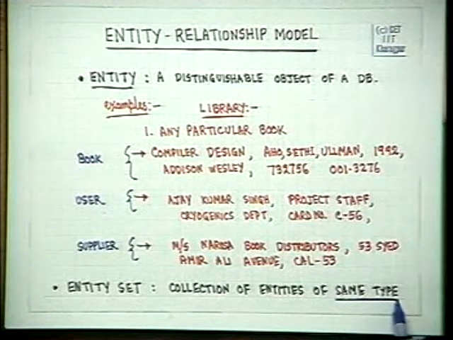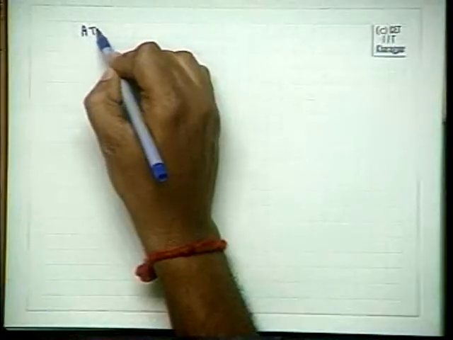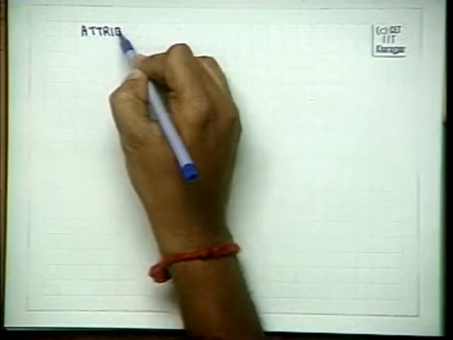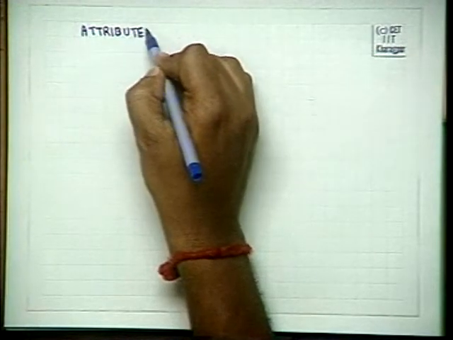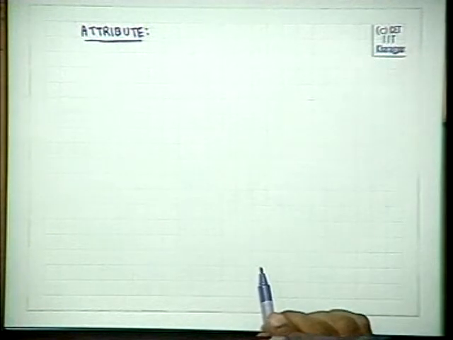Now the same type needs to be elaborated a little further, and for that we define the concept of an attribute. An attribute is a mapping from an entity set into a domain. Let us see some examples.